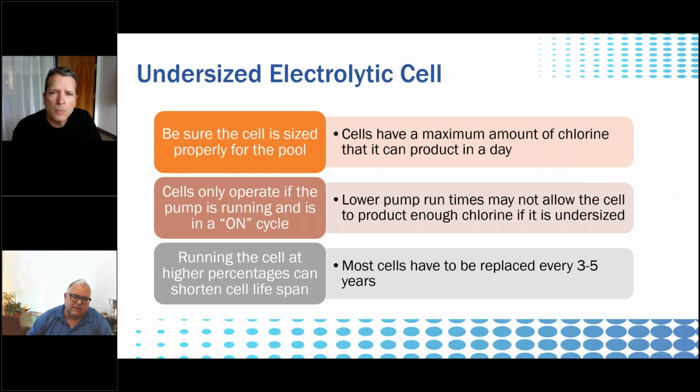If the pump is not moving enough water through to effectively do that, you're really struggling to keep up with what you're trying to do. You rely on the movement of water to disperse chemicals, whatever those chemicals happen to be. In a salt cell, we rely on movement of water to feed that salt into the cell so that we can break it apart and generate the sanitizer.